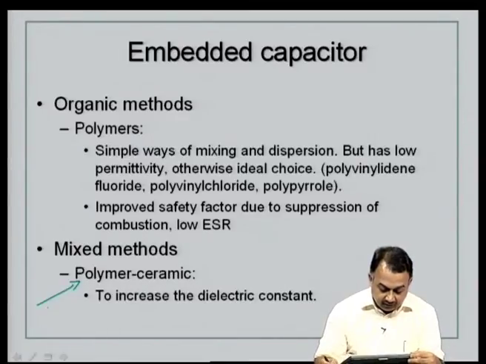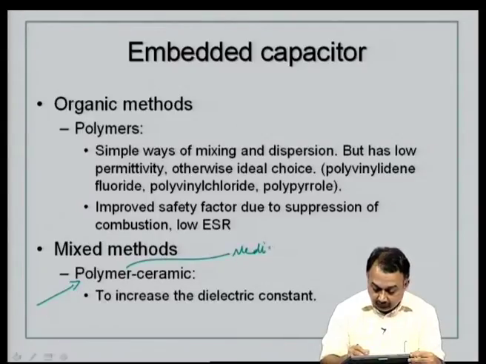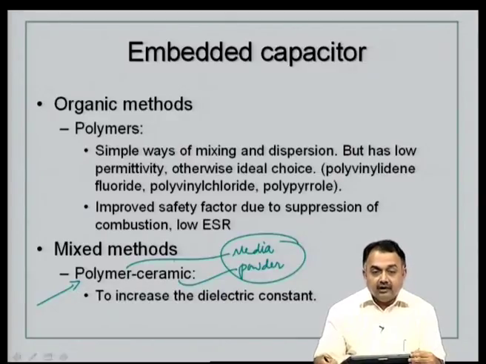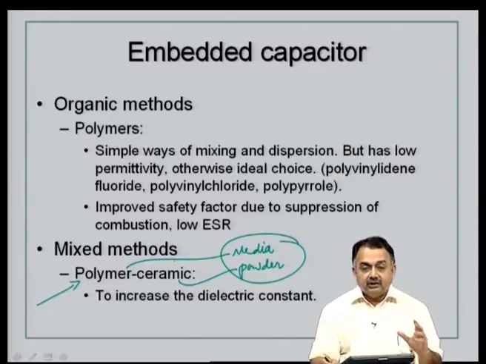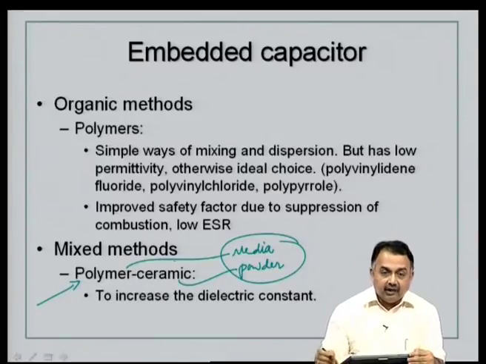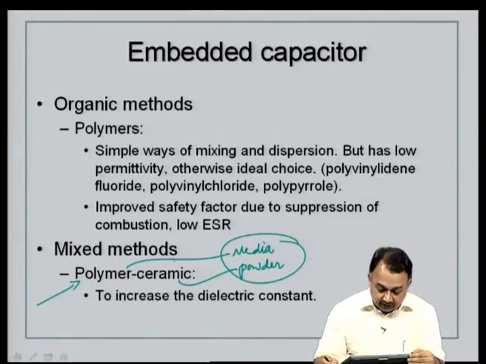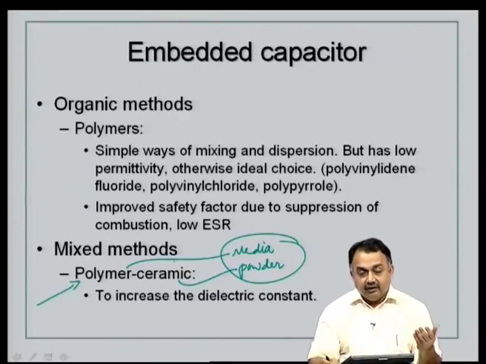If I can focus on the polymer ceramic method, which is known as the mixed method, you take a polymer as a media, and then take ceramic powders with specific dielectric constants, and mix them together to get a very good homogeneous mixture. These can be applied by, let us say, spin coating, typically in favor of spin coating and other coating methodologies, to an organic substrate that contains the bottom plate, typically copper, of a printed wiring board.